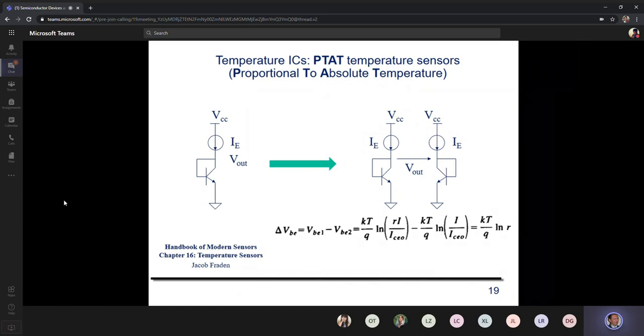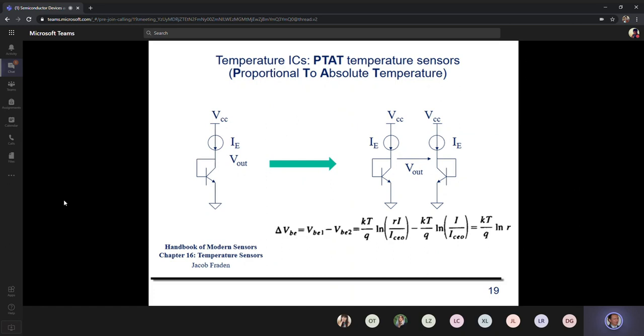Now, if you look at the formula, if we detect or calculate the difference of the base to emitter voltage of transistor 1, that is the one on the left, and that on the right, we shall calculate the difference of 2 individual voltages that are similar to those of a diode, because also in this case you may consider that the collector is shorted with the base.